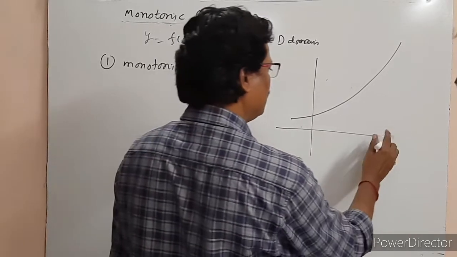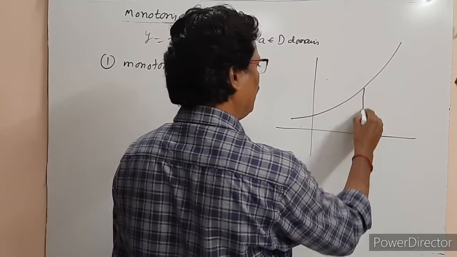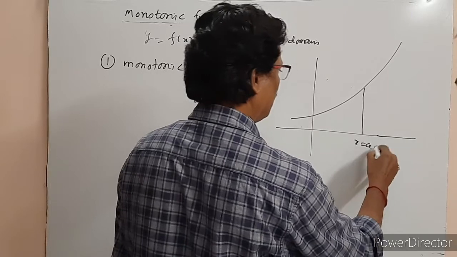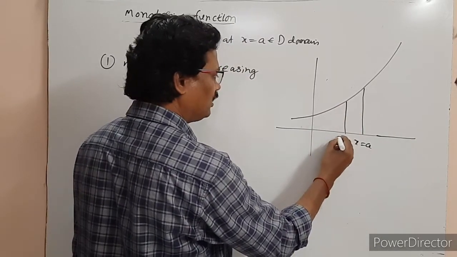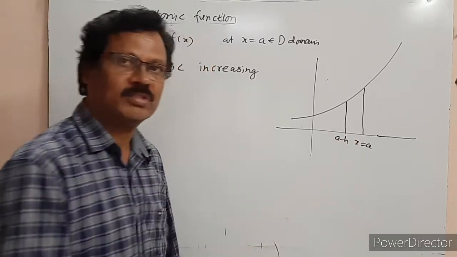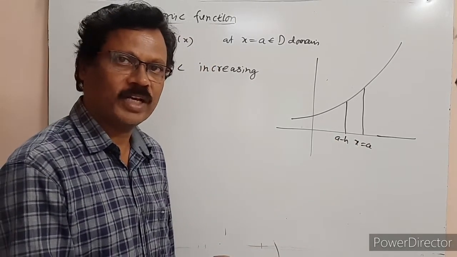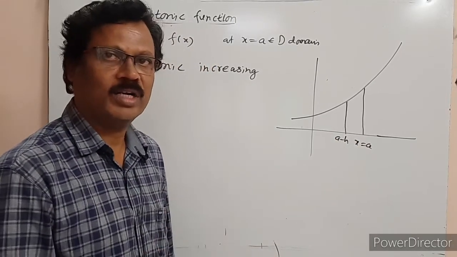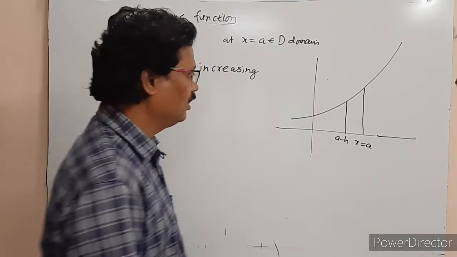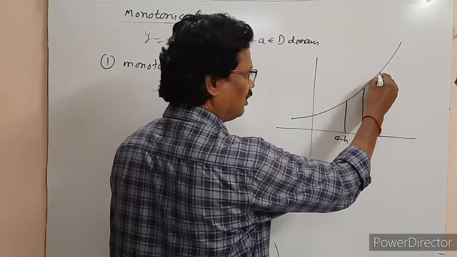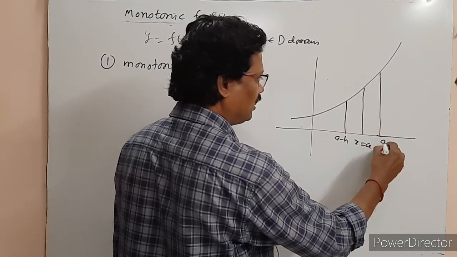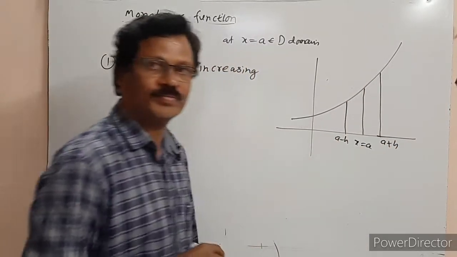I am taking x equal to a in the domain. Now this is a minus h less than a, where h is a positive number, just a fractional positive number, 0.0001 like that. Now this is a minus h less than a, this is a plus h more than a.